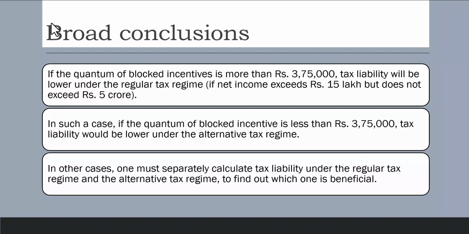In other cases, one must separately calculate tax liability under both regimes to find out which is beneficial. So if the incentives are more than 3,75,000, then the regular tax regime applies, which is the old regime.